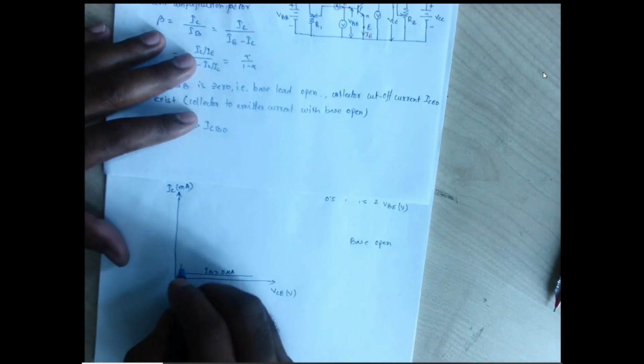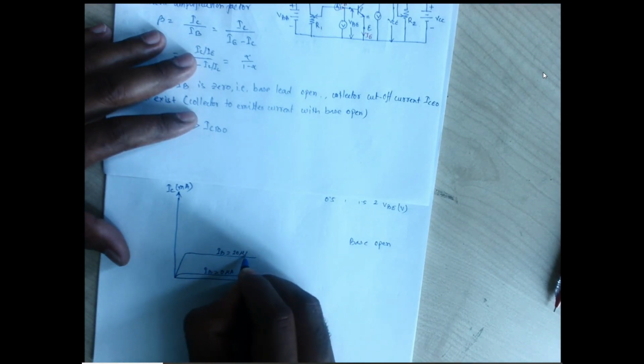Now, when IB increases, as the emitter already has the charge carriers, a higher amount of charge carriers will move from emitter to collector. So with the increase in IB, the IC will also increase.